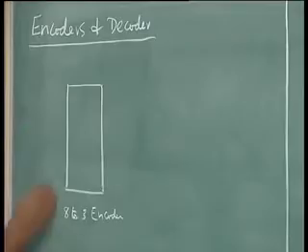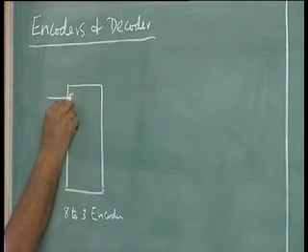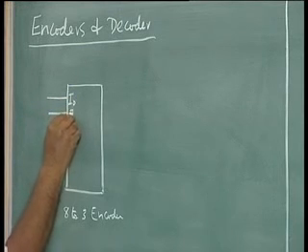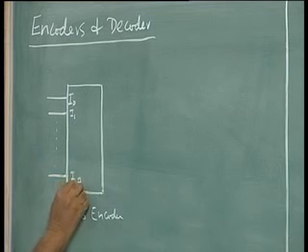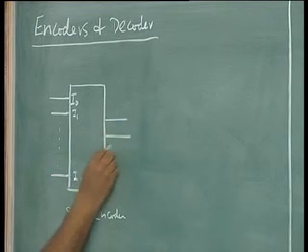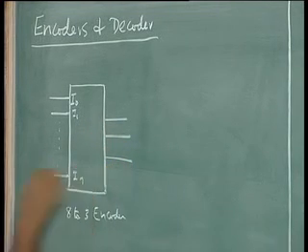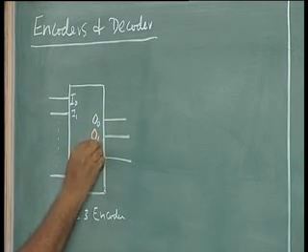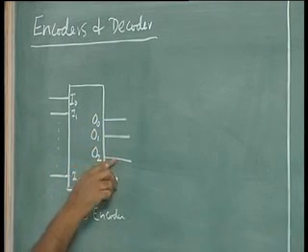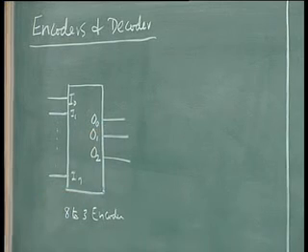So, in this case, we will have 8 inputs. Let us call them I0, I1, I2, etc., I7, and we will have 3 outputs. We will call them O0, O1, O2. This is MSB, this is LSB.